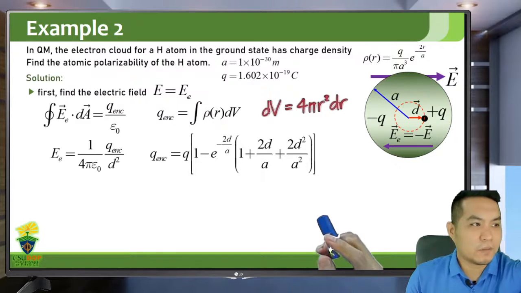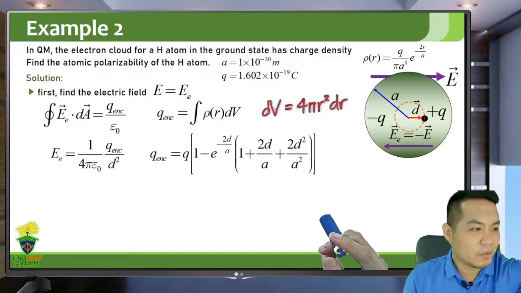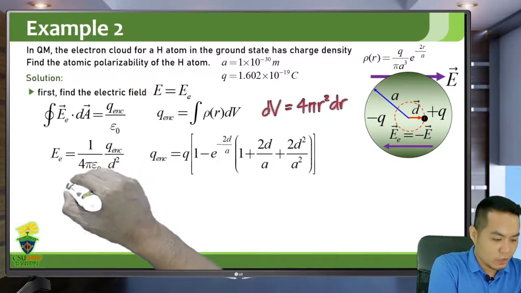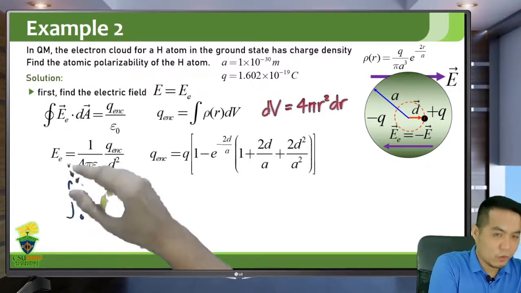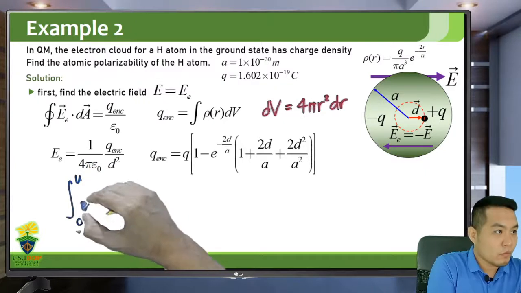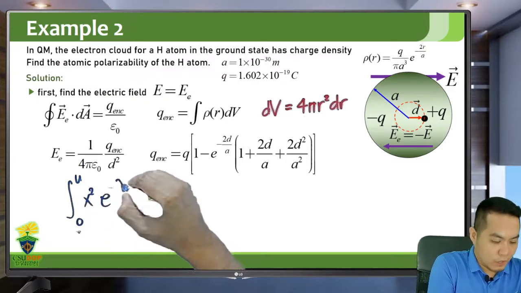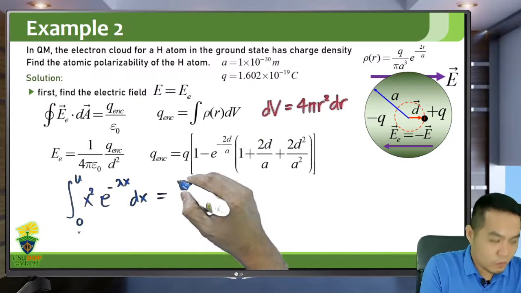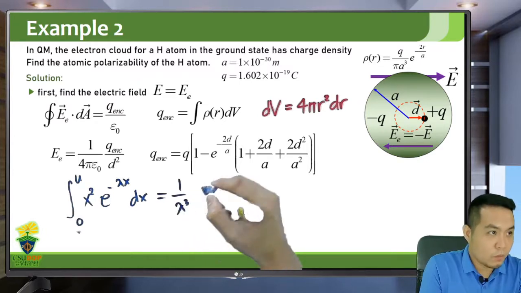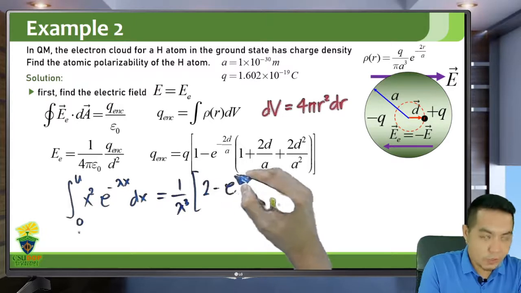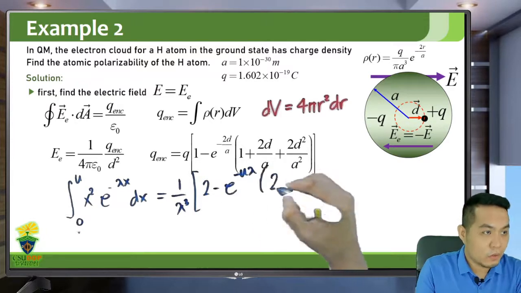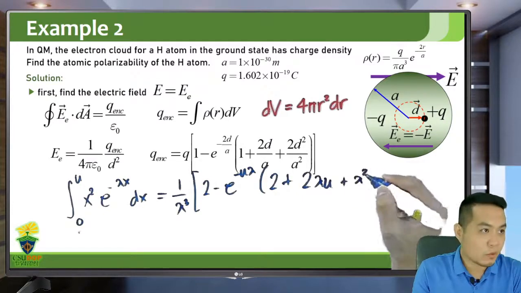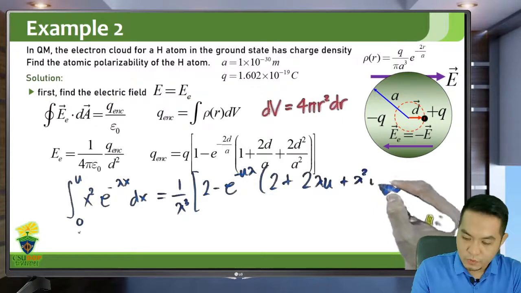You will encounter an integral of the form integral from 0 to u of x squared e to the negative lambda x dx, and this is just equal to 1 over lambda cubed times 2 minus e to the negative u lambda times 2 plus 2 lambda u plus lambda squared u squared.